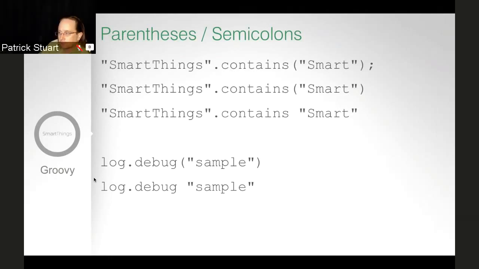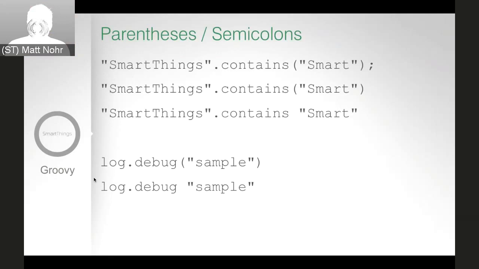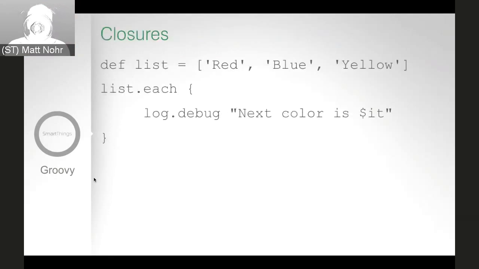And then the last thing, I'm not really going to talk about this, but this is the selling point of Groovy that everyone loves: closures. This probably looks really weird if you're not familiar with it. A closure is this thing with the curly braces here with the debug statement in it. You can pass it around.